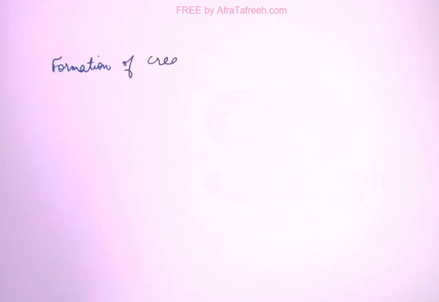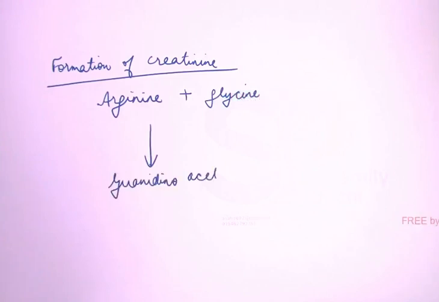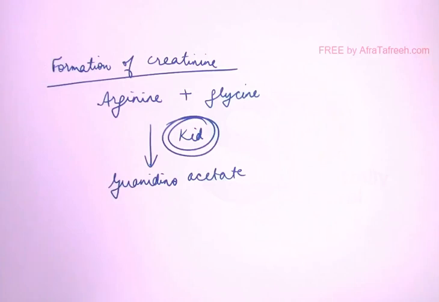Now coming to the detail of formation of creatinine. Here the starting material is one basic amino acid, that is arginine. Arginine combines with another amino acid, that is glycine. They both join to form guanidinoacetate, and this reaction occurs in the kidneys.